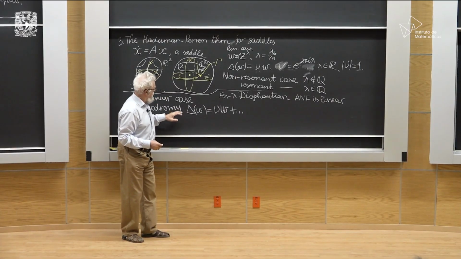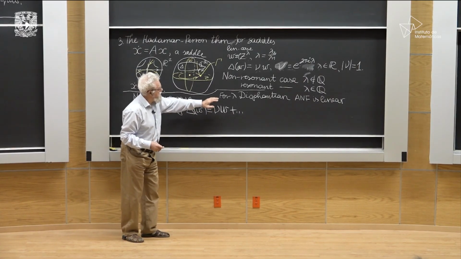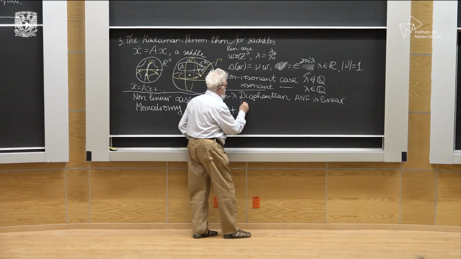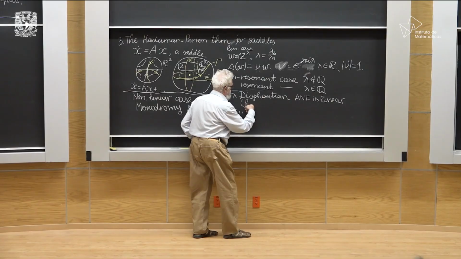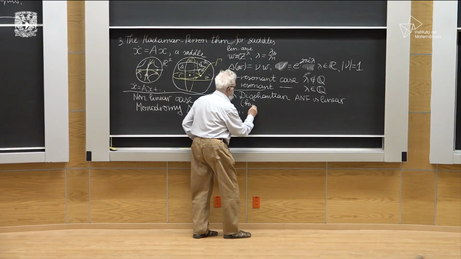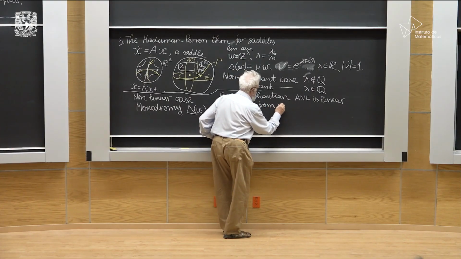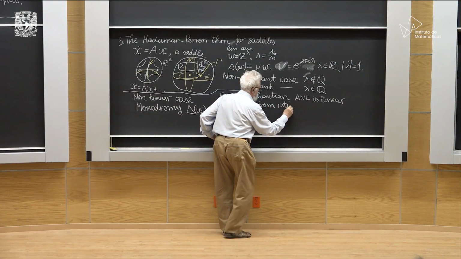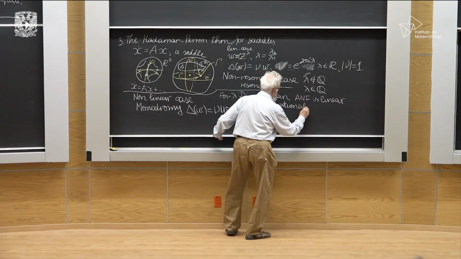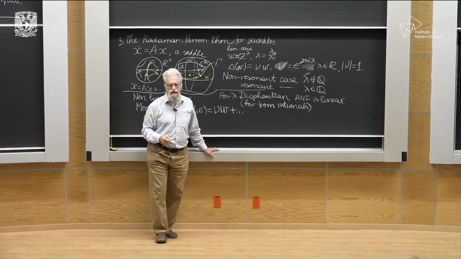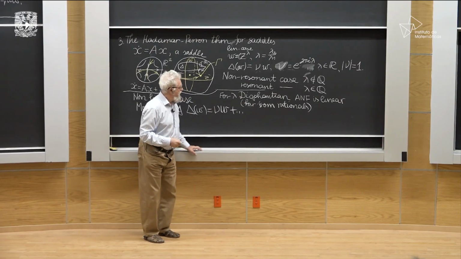And lambda should be irrational and, in a sense, far from rationals, badly approximated by the rational numbers.